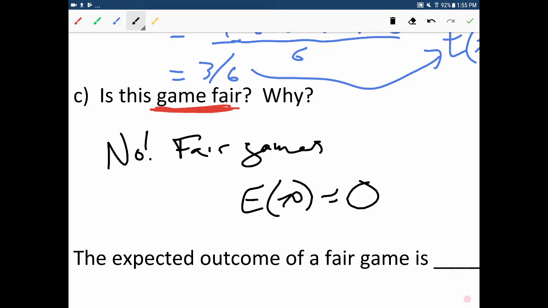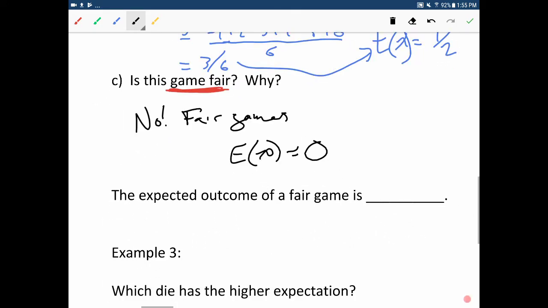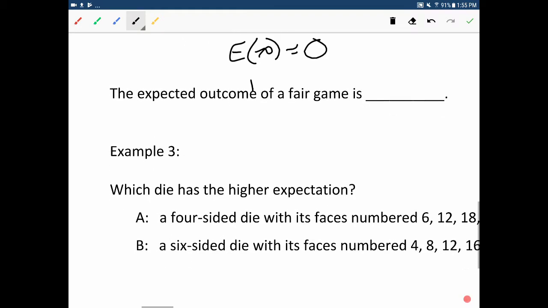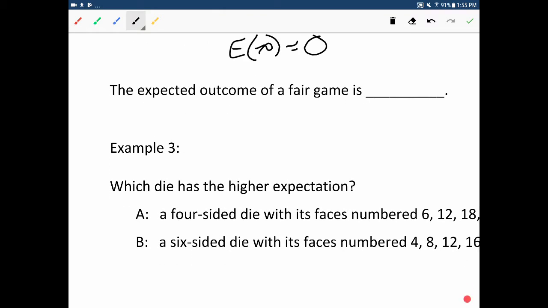In this game, we were more likely to move ahead every time we played. A fair game would be pretty boring, unless it's gambling or something like that. Usually games are not fair because we want to progress the game. So the expected outcome of a fair game is 0, and that's the definition of a fair game.